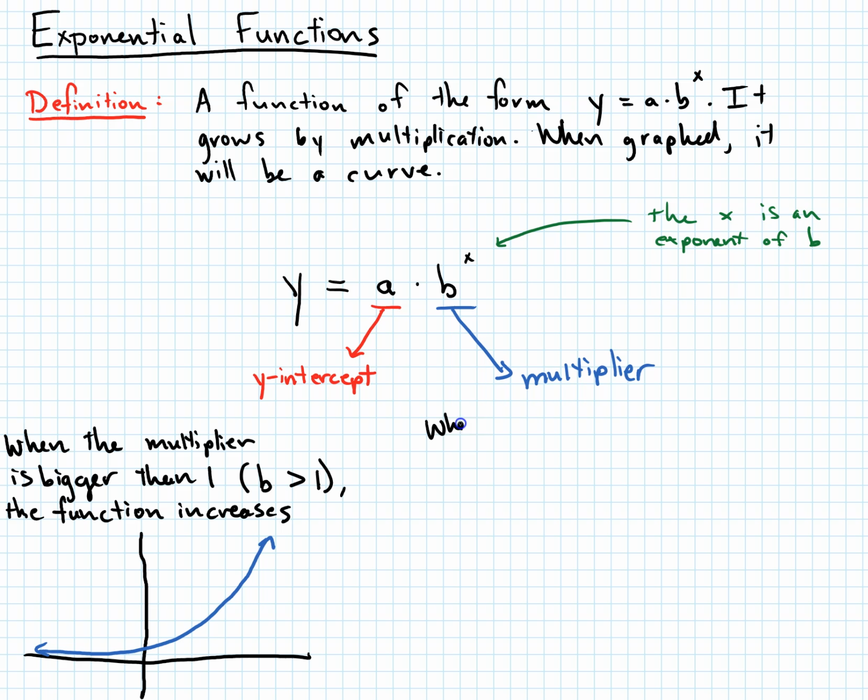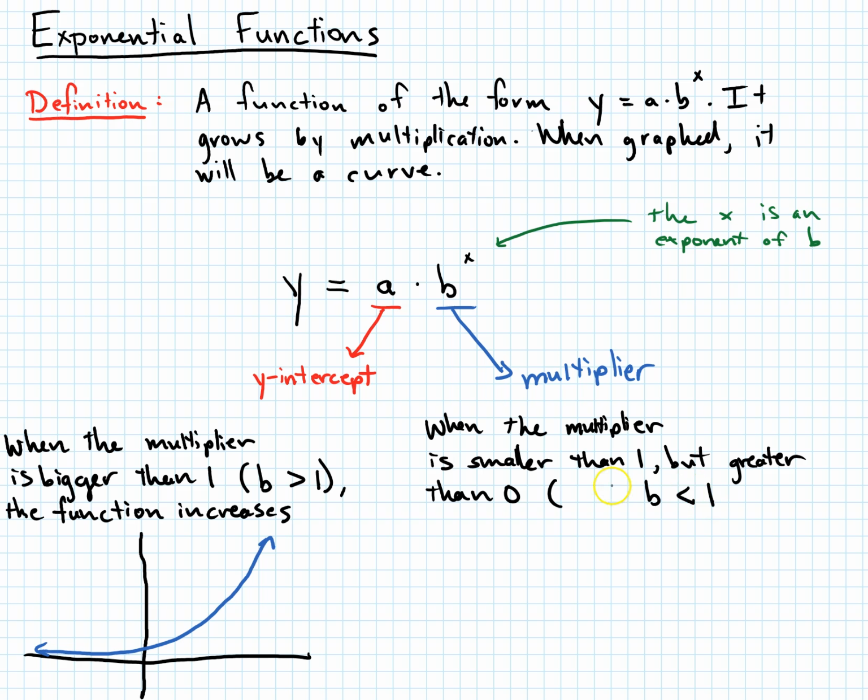Next, we should note that when the multiplier is smaller than 1, but it can't be negative. We're not going to allow that. So when the multiplier is smaller than 1, but greater than 0, the way we can write that with inequalities is b, our multiplier, is less than 1, but greater than 0.